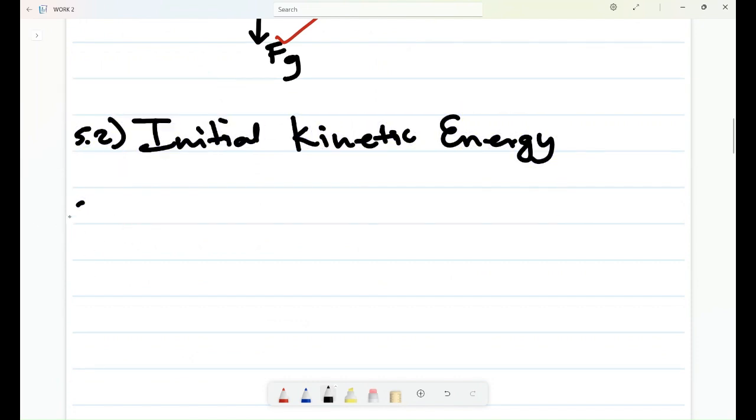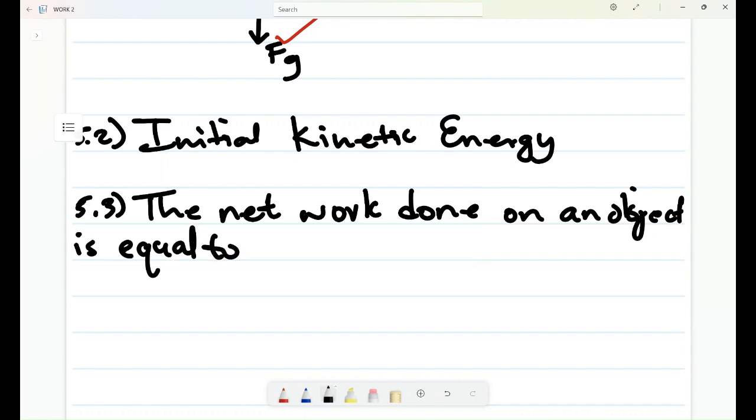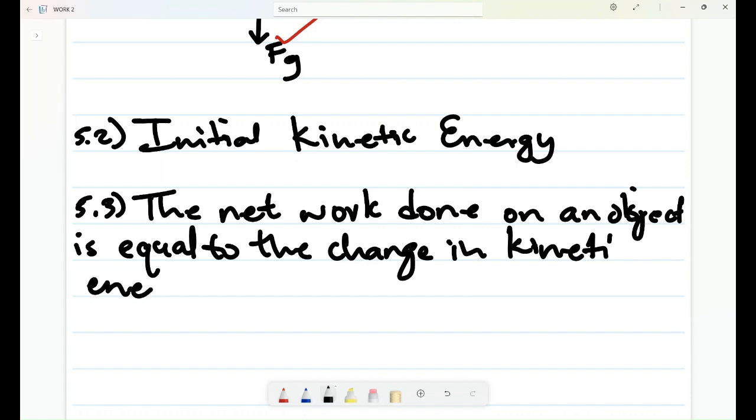Now let's define it. 5.3 rather. The work energy theorem states that the net work done on an object is equal to the change in kinetic energy of an object.